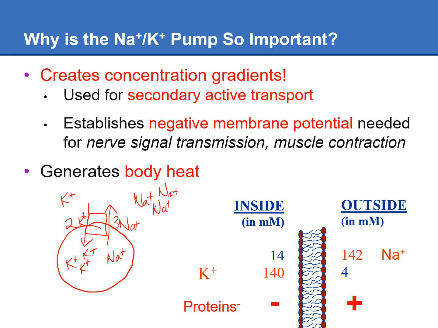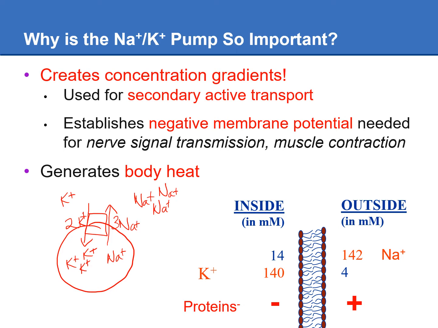And these concentration gradients allow secondary active transport to work, which we're going to talk about next. And this also helps establish our negative membrane potential that we need for the nerves and muscles to work. And that's because you're moving an uneven number of ions with the sodium-potassium pumps.